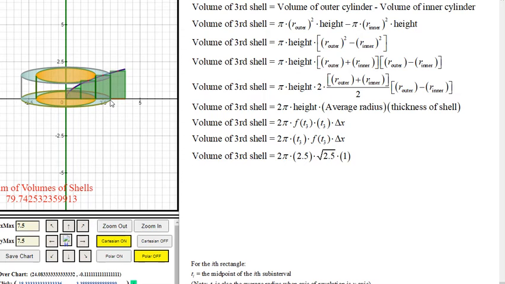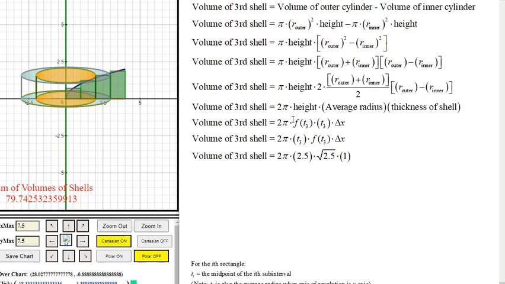And so we do outer radius minus inner radius, we get the thickness of the shell. And so this becomes the thickness of the shell, and this becomes the average radius. And so we end up with 2 pi times the height of the shell, and then times the average radius, and then times the thickness of the shell.